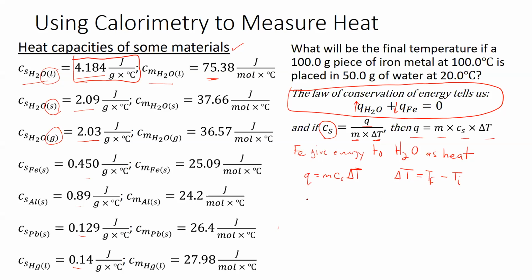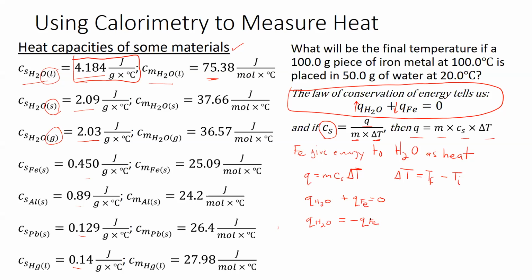And so the other thing we can do here is take that equation where we have Q of water, the heat that water gains, plus the heat change of the iron, the amount of heat essentially that the iron loses. We can rearrange that and say the Q for water will equal negative Q for iron.